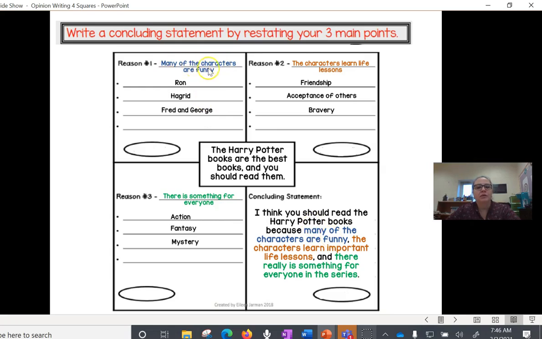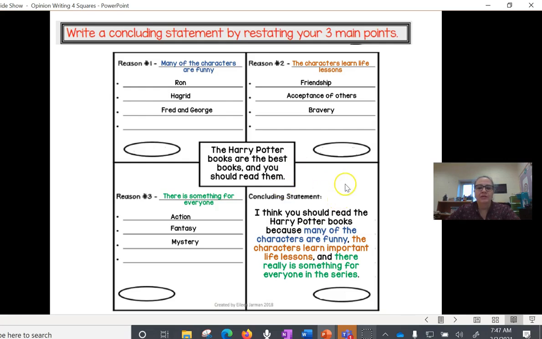So reason 1, many characters are funny. You can see that down here. Right here in brown, the characters learn life lessons. You can see that down here. And then there is something for everyone. You can see that right there as well.